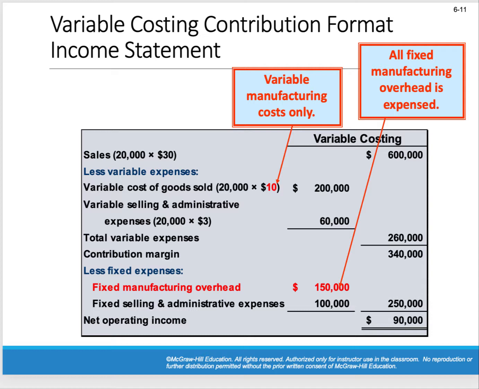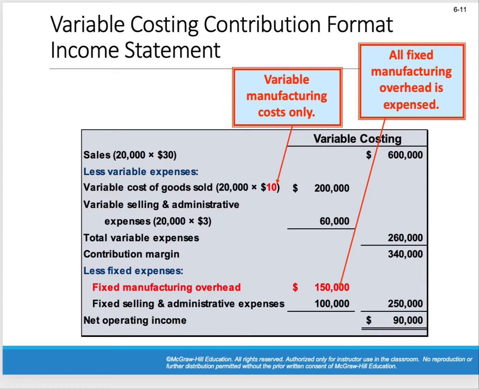Notice the variable cost of goods sold, okay? Notice what we use, the 20,000 units, because that's what we sell, but notice the price that we use. We use $10, right? That $10 is the variable manufacturing cost, okay? Very important that you recognize we're using the $10, not the $16.